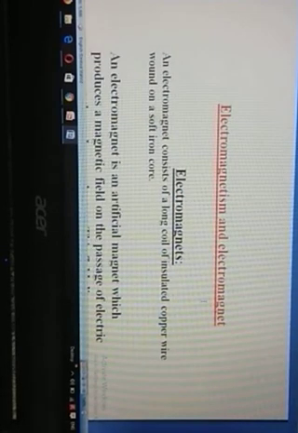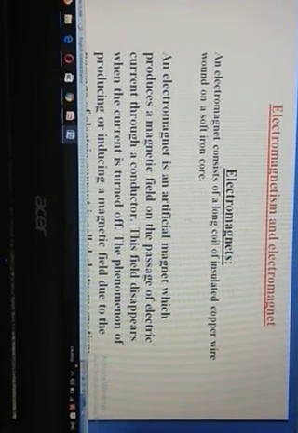Okay. So we need to learn about electromagnetism and electromagnets. What are electromagnets? As the word is given, electromagnet, that means we have to produce magnetism by electricity. So we can say that Faraday produced electricity from magnetism.